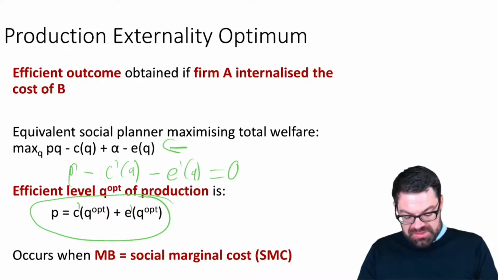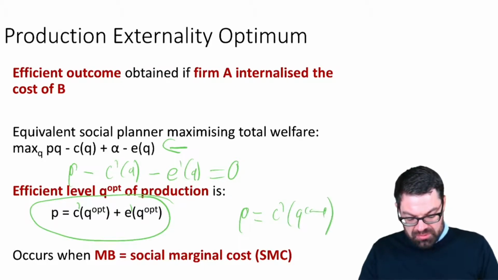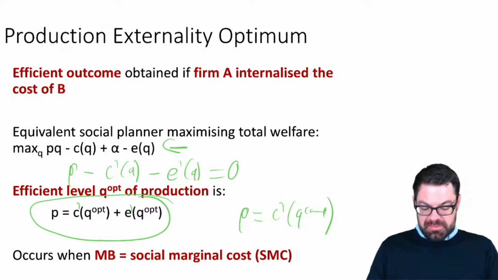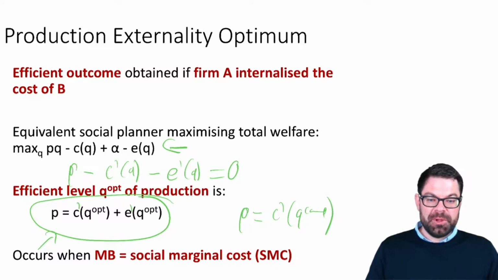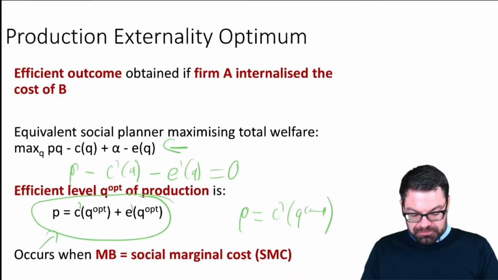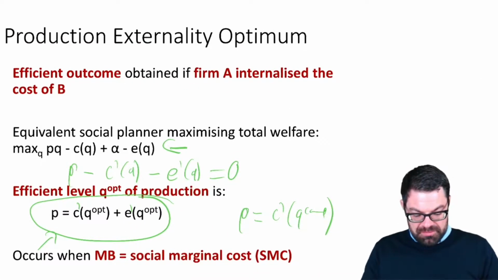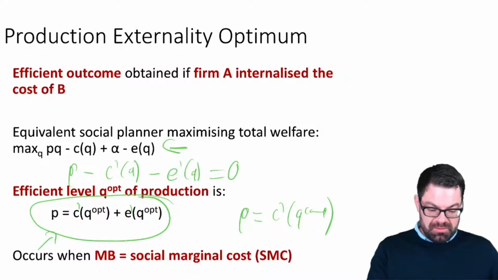So remember, previously we had the condition P equals C prime Q comp, which was if the firm decides on its own how much it produces, whereas here the social planner decides the optimal level. And if we want to study this graphically, we would do the following.